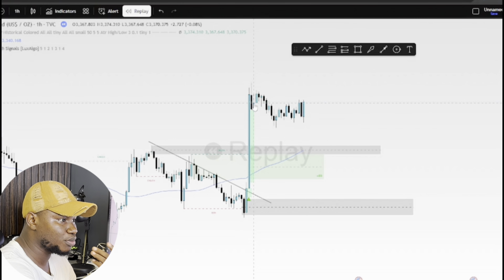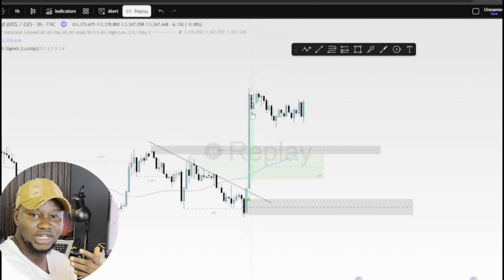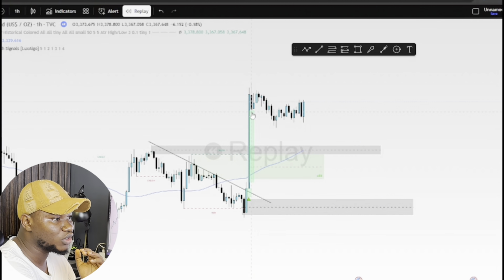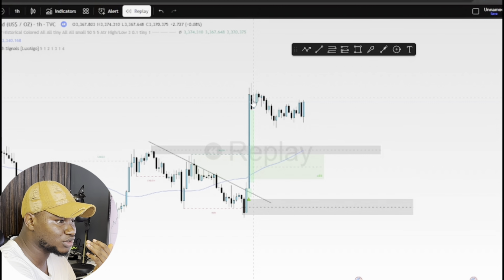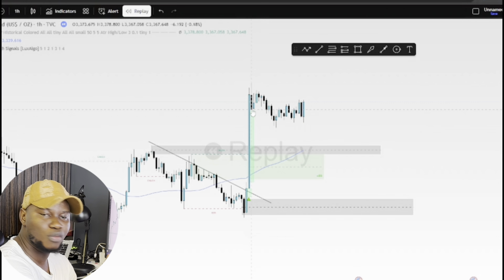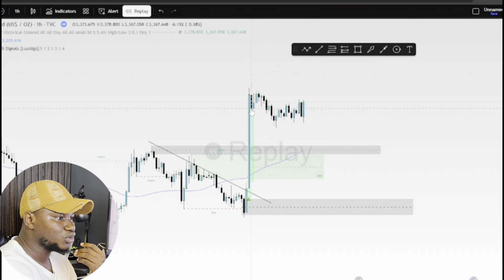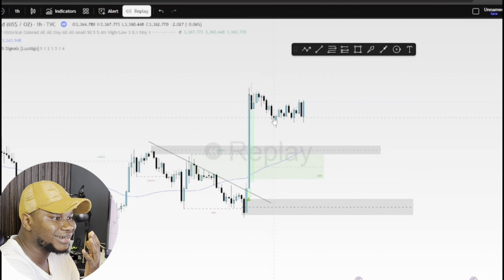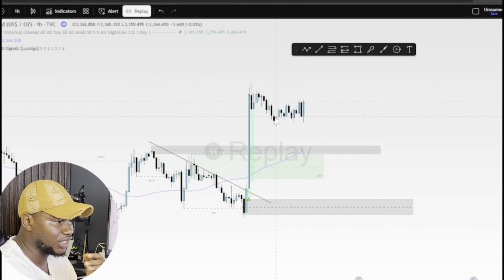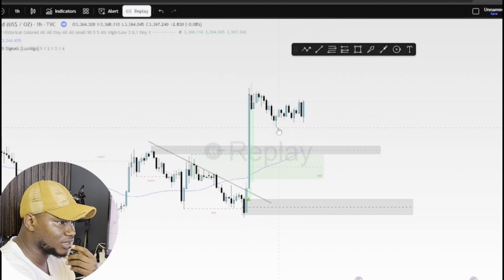That is the market's first pullback, and this is going to entrap a lot of traders into going into buy. Maybe when they see that the market has calmed down a little bit, they'll just jump into buy because they want to make money immediately, which is very, very wrong, because you have to take your trade not just because you've seen the first inducement liquidity, but you need to take your trade from an area of interest.